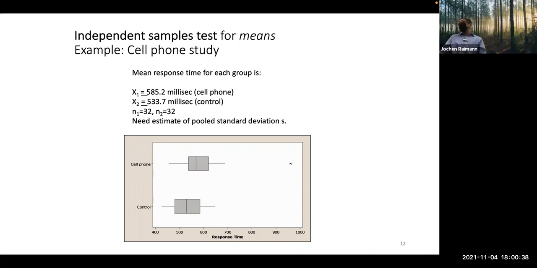Okay, so can you see from this? There's a difference of almost 50 milliseconds. So it's quite something, right? Can you see from this graph whether this is significantly different or not? Just yes or no. Not significant? You can see it's different, but you cannot say it's significant.